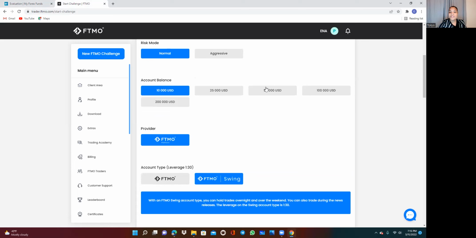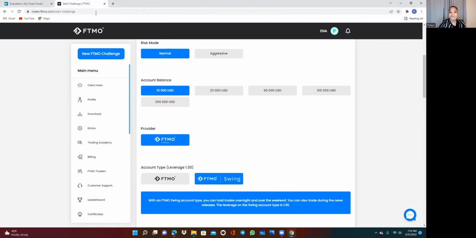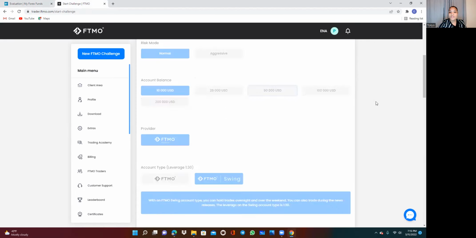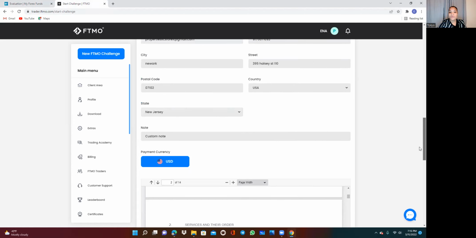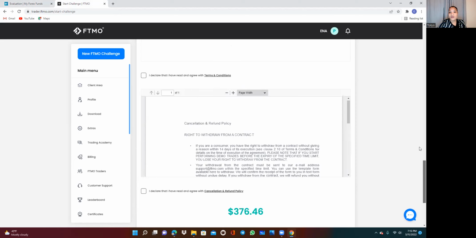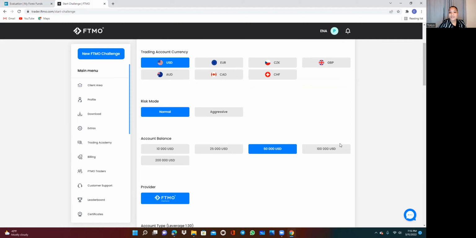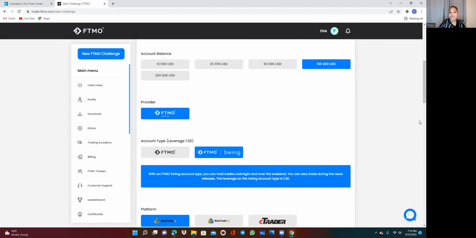So let's go and compare again. For the 50K account, we have 300 over here. Let's go with the 50K account and see where we are. Oh, we are $76 more expensive for the 50K account, which is not bad. And let's go to the 100K account, and remind you, this is swing.